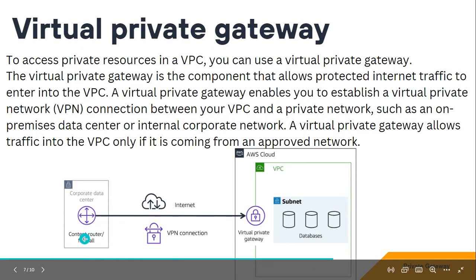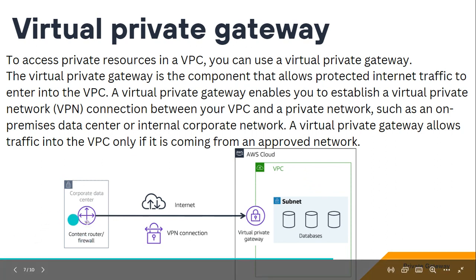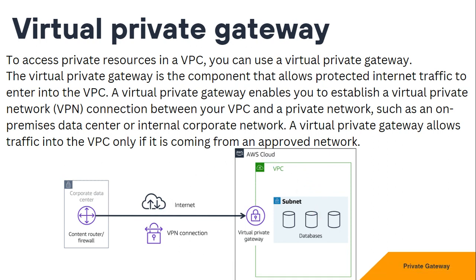I'm creating that protected, encrypted layer from my data center to my VPC. So I'm only allowing the private traffic, not public traffic, to enter into my VPC and access the resources I have within the VPC. So the virtual private gateway is to access private resources in a VPC.